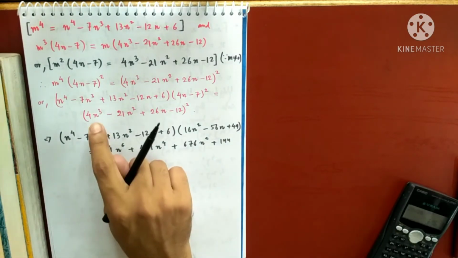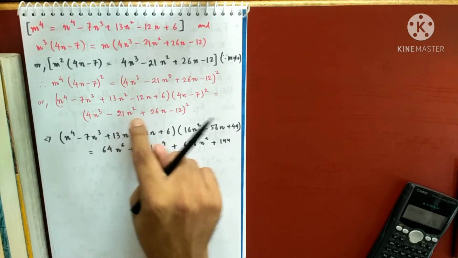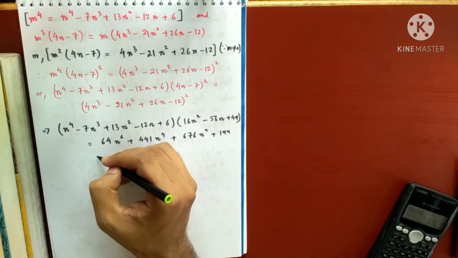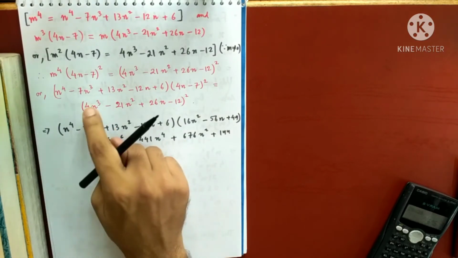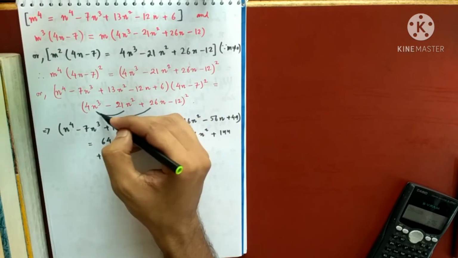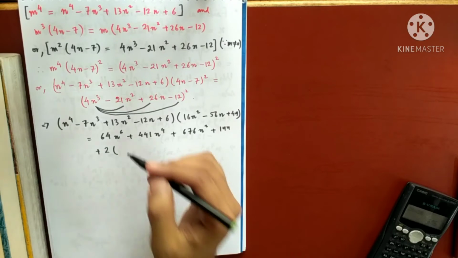See how to apply the formula for (a plus b plus c plus d) whole square. It is a square plus b square plus c square plus d square. Okay, and then you write here plus 2 and take every possible pair. That means I will take this pair, this pair, this pair at the first. So let's see what is happening.